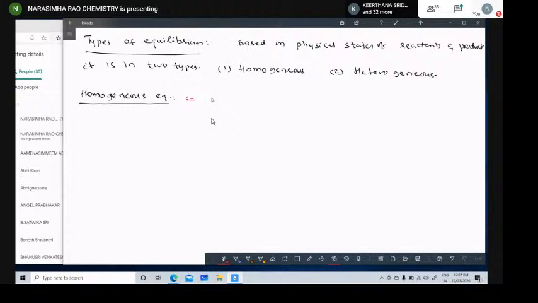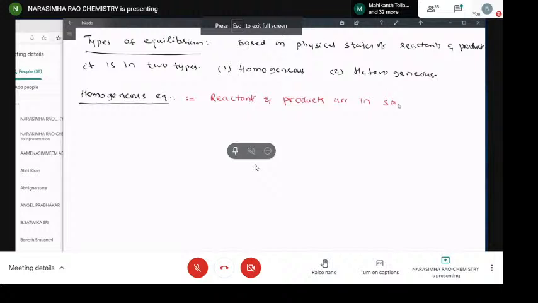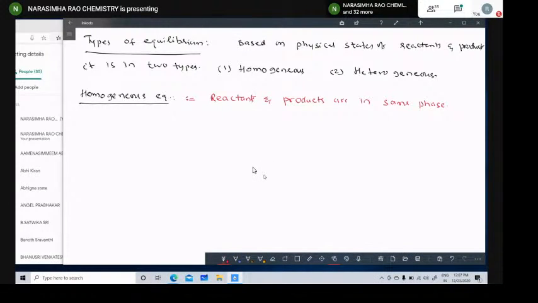That means reactants and products are in the same phase. It's clear, children. Our equilibrium system is in a single phase.